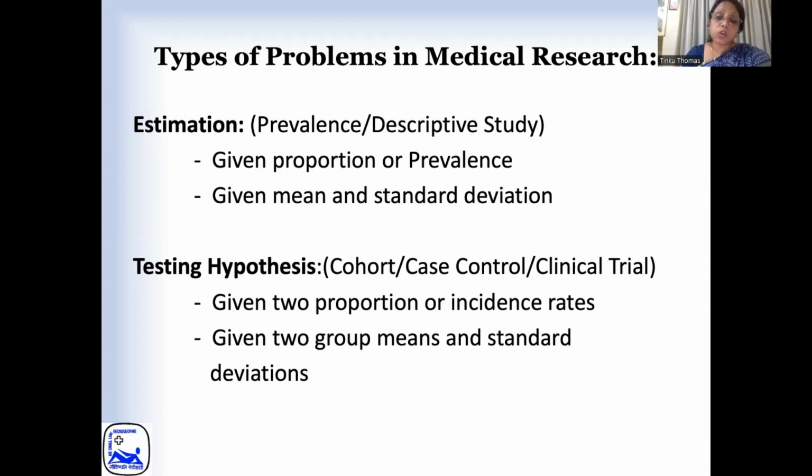That's a proportion. For the comparison of proportions, there is a certain sample size formula as opposed to the comparison of means. Suppose you're comparing systolic BP in the intervention group versus systolic BP in the control group. There we are comparing the mean BP between the two groups, and that sample size calculation is different.